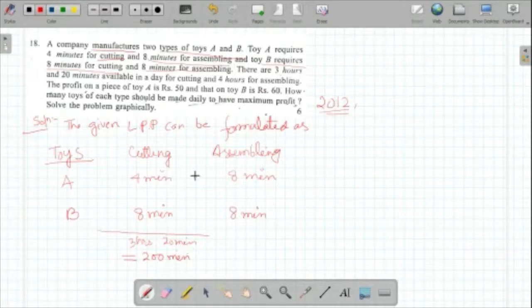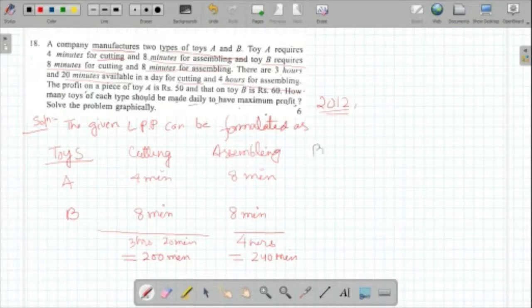Okay. Now how many minutes are available for assembling? Like cutting, it is 4 hours for assembling. 4 hours means how much? 240 minutes, right?